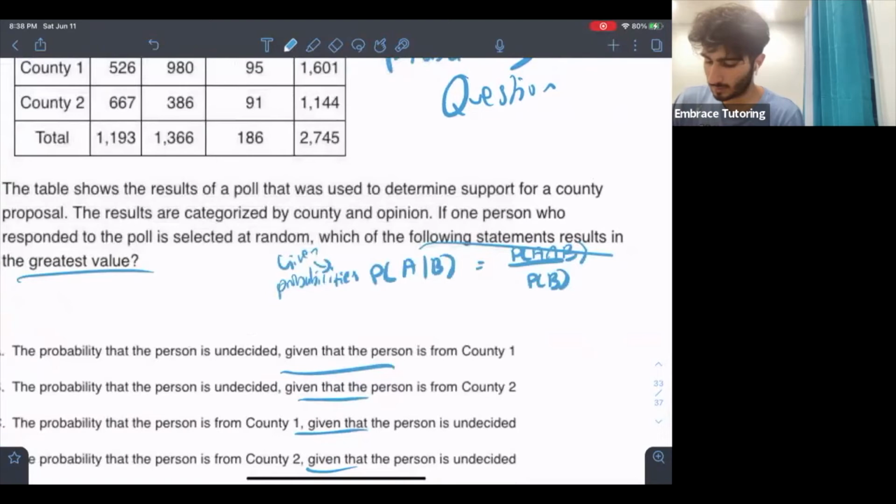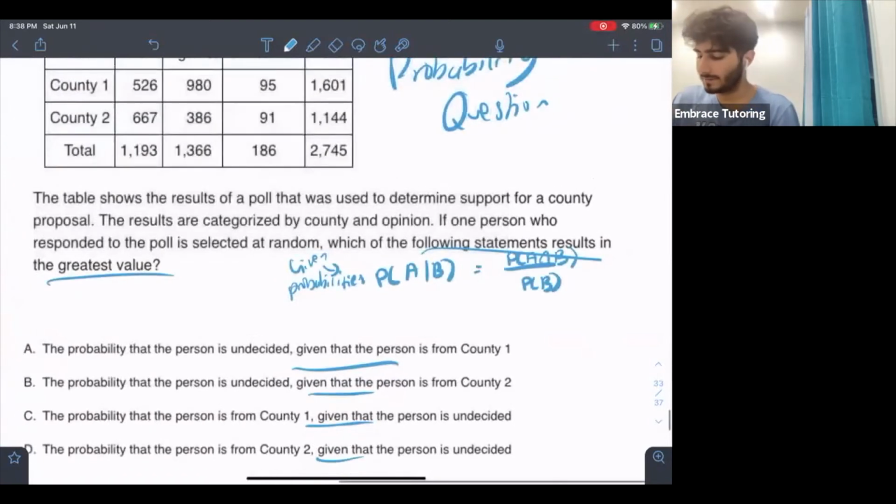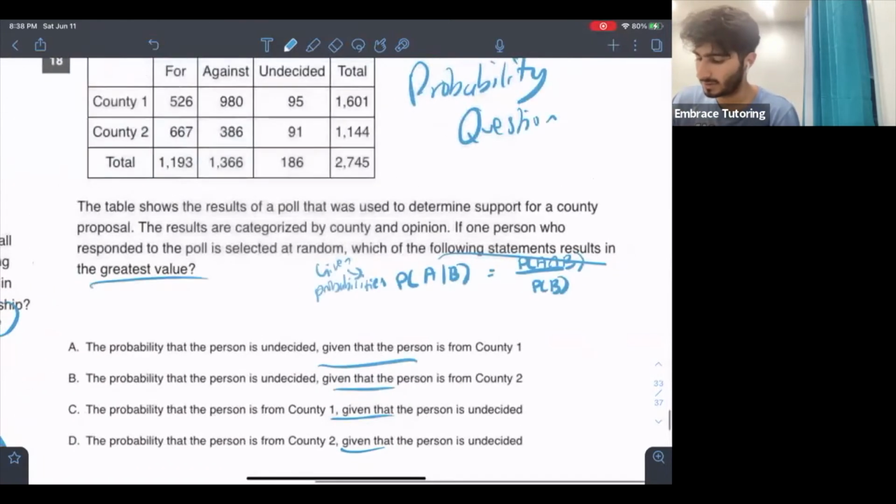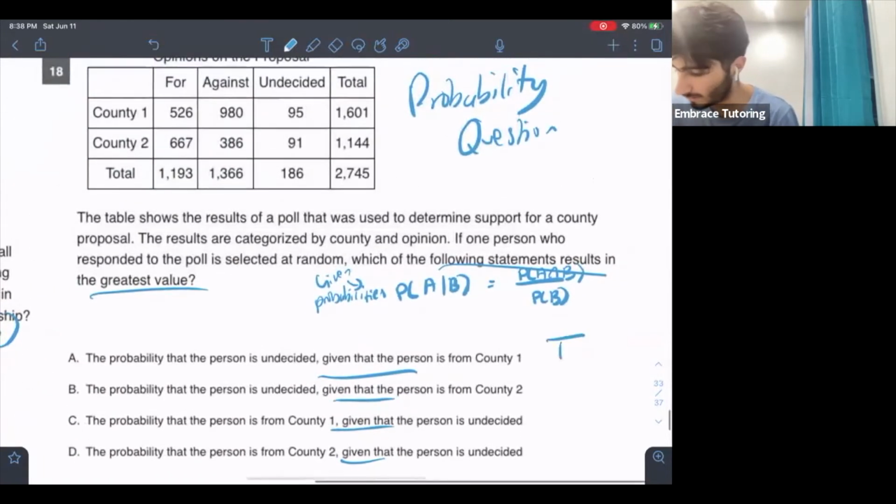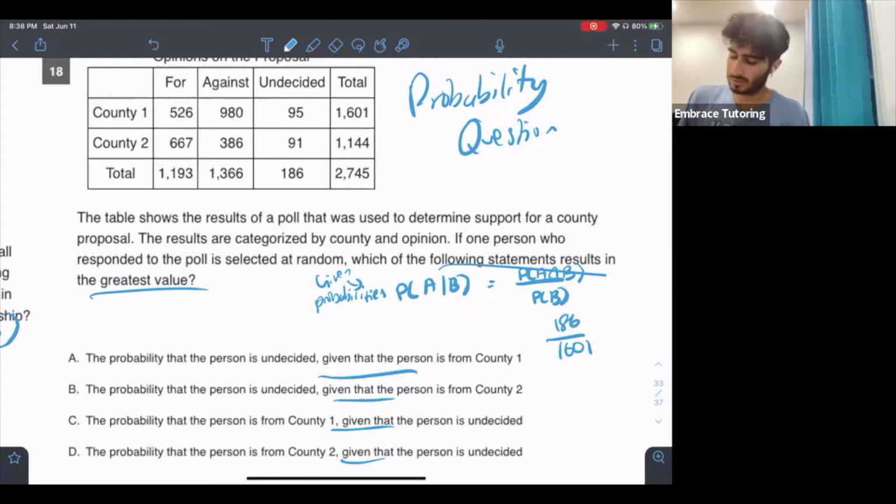So let's say the probability that the person is undecided, given that the person is from county 1. Given that the person is from county 1, you have 1601, and then the person is undecided, 186. So 186 over 1601. Then given that the person is from county 2, meaning 1144, the person is undecided, 186.